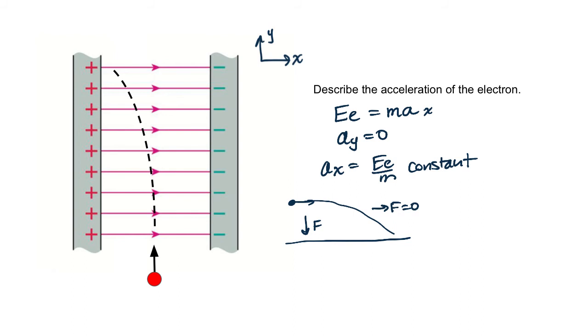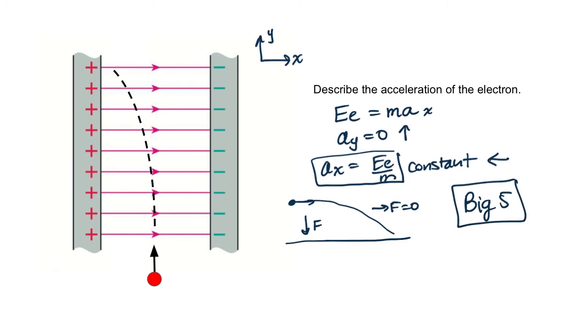And so the combination of motions creates a parabola. So in this case, it's the same thing. My electron in the direction opposite the field has an acceleration, but in this direction, it has no acceleration. And so it is indeed going to follow a parabolic path. And in fact, you can use the big 5 to figure out its trajectory.